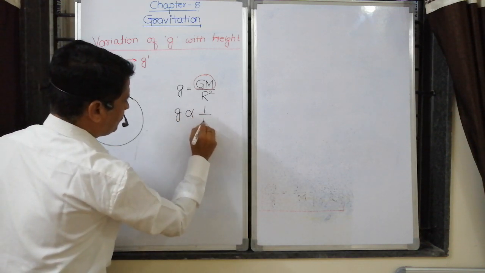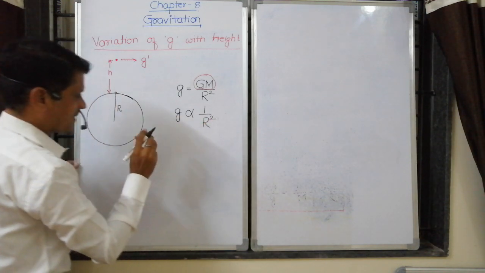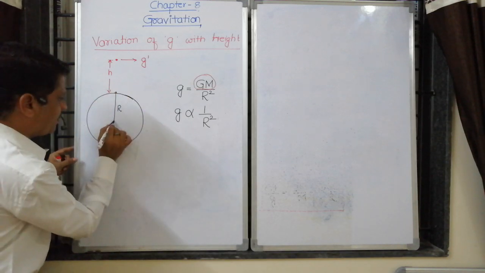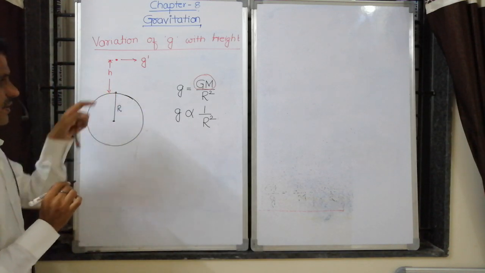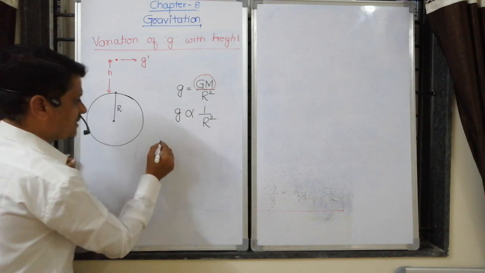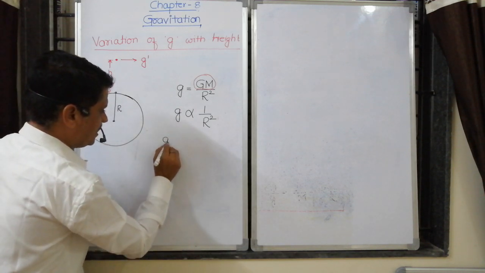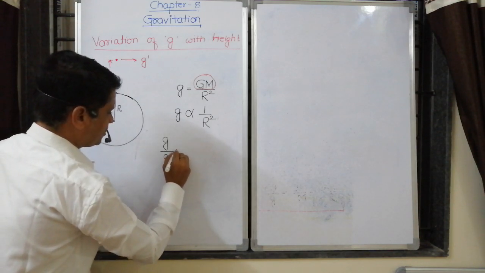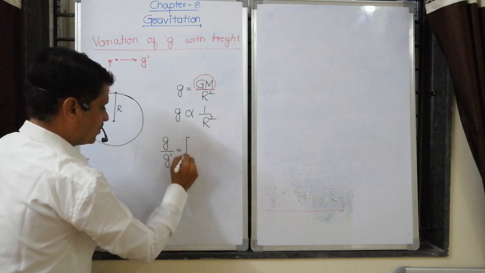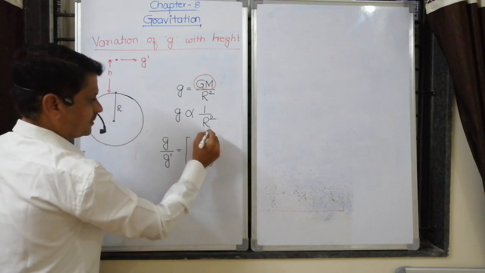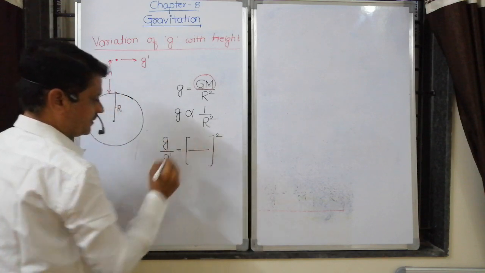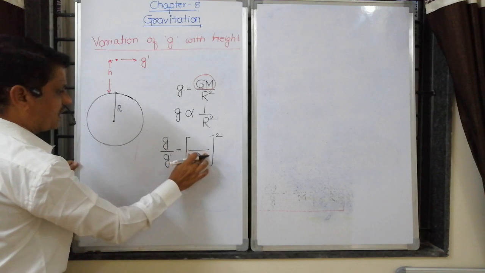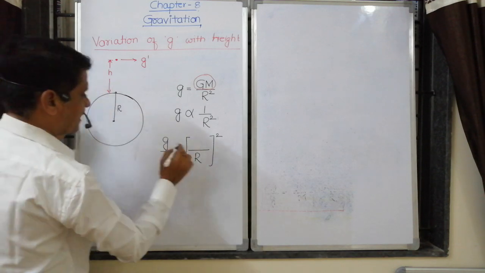Then I can say g is inversely proportional to square of the distance. Here I'll consider r as a distance from mass of the planet to the given point. Now I can say g by g dash is equal to, since it is inversely proportional to square, r square, sorry, r plus h.